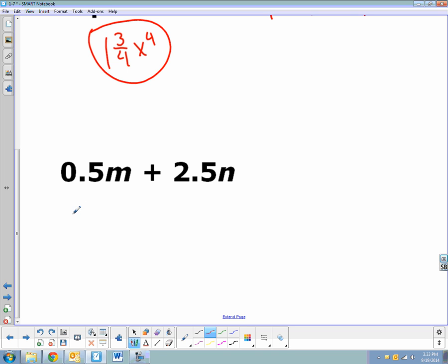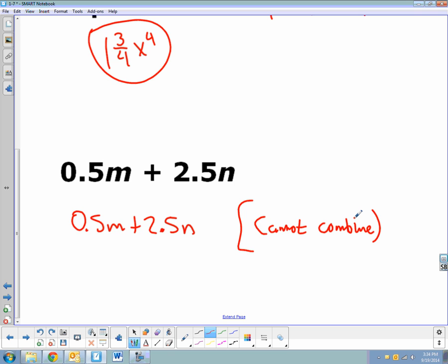You could also, on a test, just rewrite it, because it is as simplified as it can get. We can't simplify it anymore. So you might see either that, or you might see cannot combine. And you'll have to forgive my sloppy handwriting.